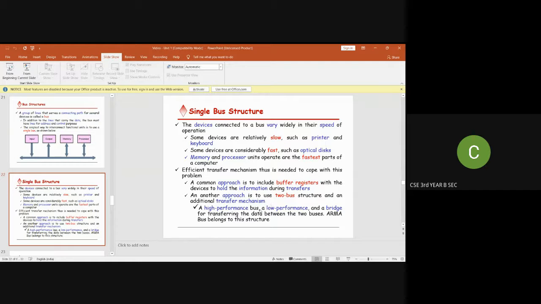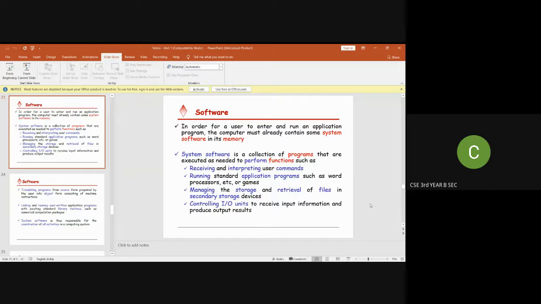By this two-bus structure, we can achieve high performance, but it is not necessary. So we are going with the buffer registers. Each device, input unit, output unit, has some buffer registers in order to store the information during the transfers.